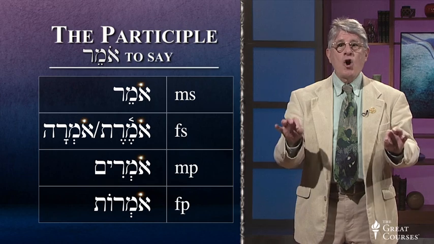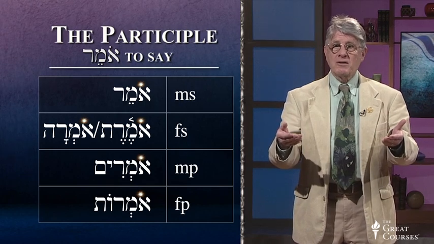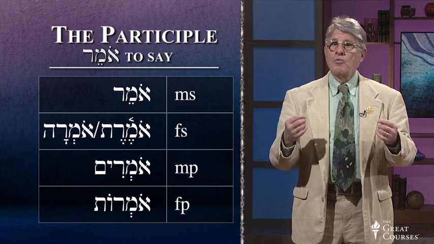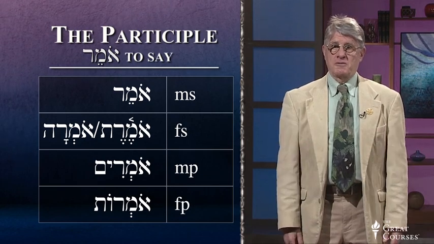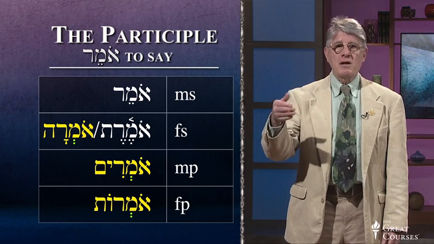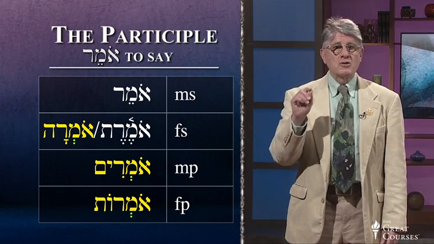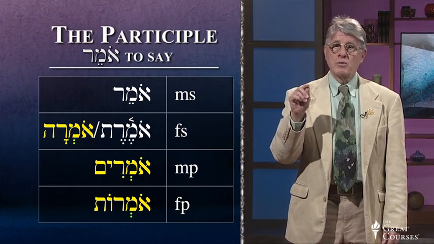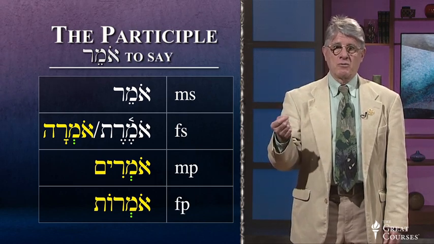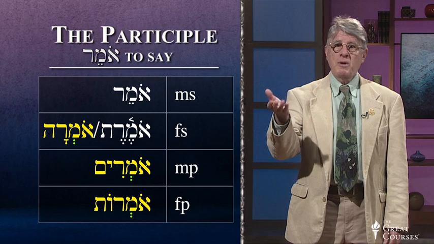There's always an O after the first radical, so a pay guttural, a first guttural, won't be any different than a strong verb in this form. But 3 of these forms have a shva under the second radical, so ayin gutturals will demand a compound shva. And if the last radical is a guttural, it will demand a patach.